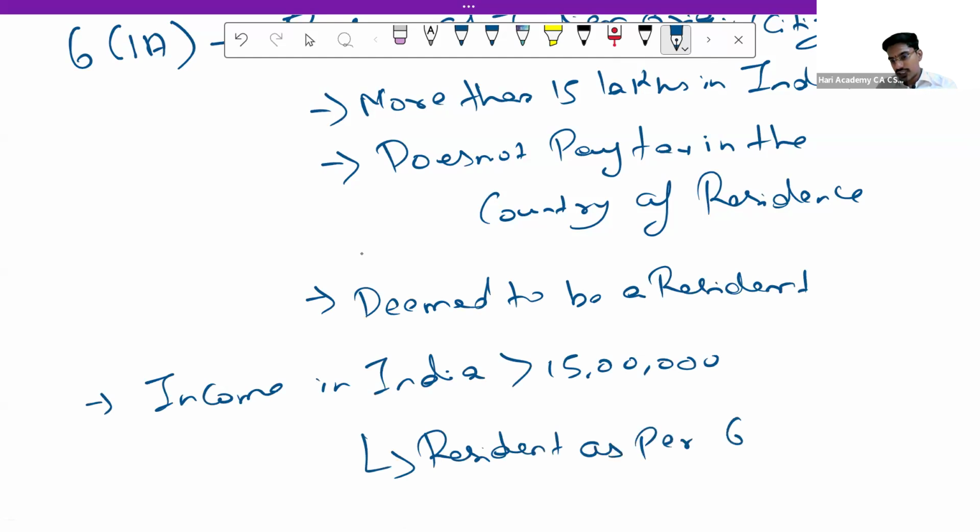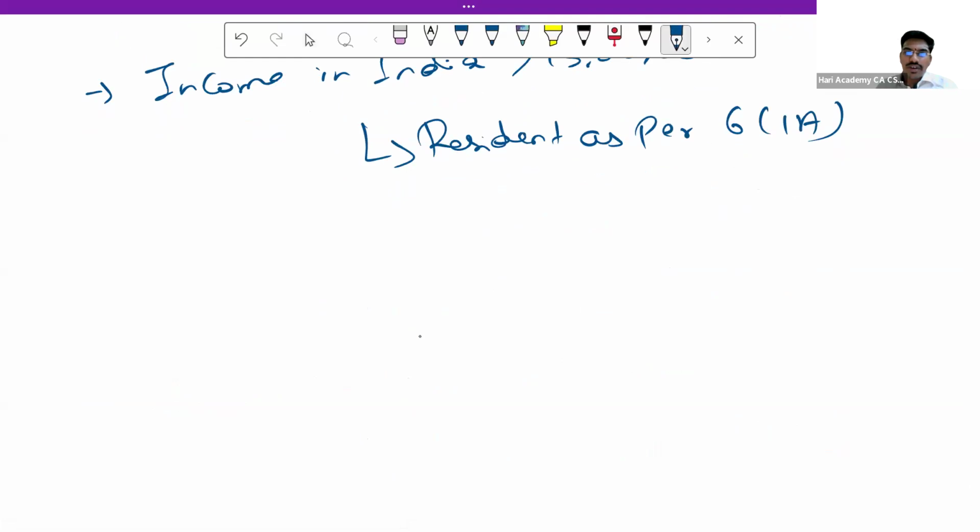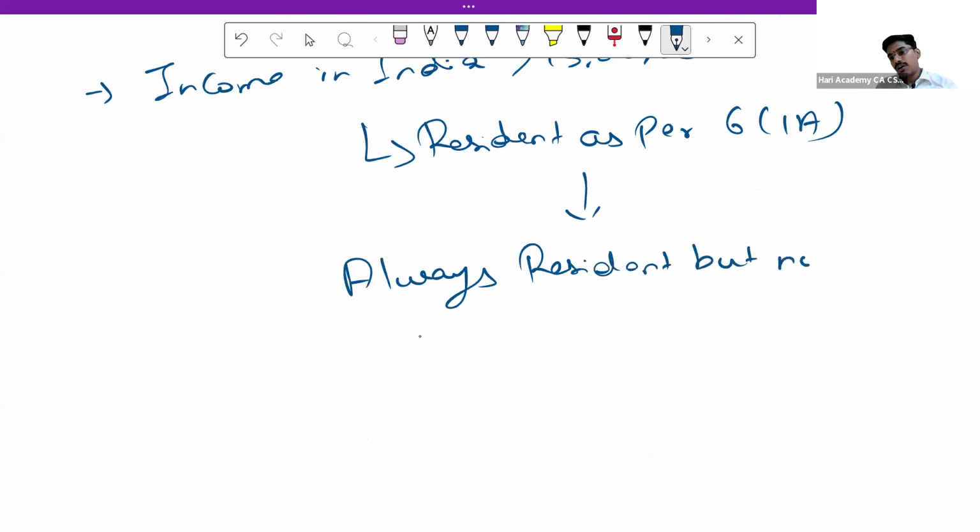As per 6-1A, however, if a person is deemed to be a resident under section 6-1A, he is always deemed to be a resident but not ordinary resident.